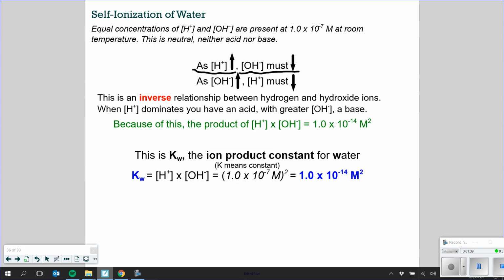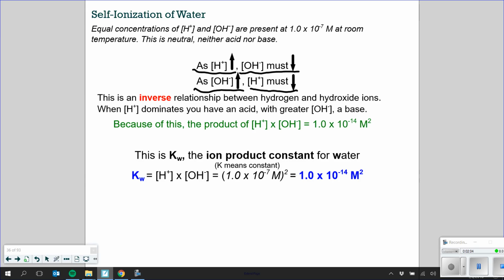Likewise, if you take neutral water and add a base to it, your hydroxide concentration is going to increase, and therefore your H+ concentration is going to decrease. This is an inverse relationship between hydrogen and hydroxide. So when the concentration of hydrogen dominates, you have an acid. And if a base is dominating, you're going to have a greater concentration of hydroxide.